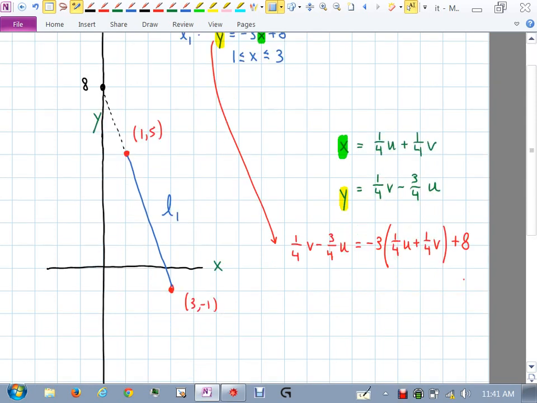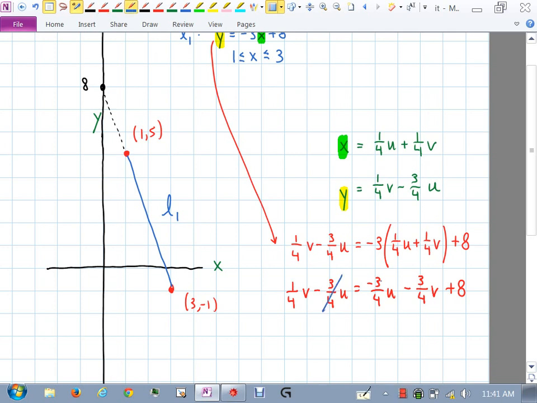Okay, so now at this point, things get pretty nice. Things start to cancel, I believe. Distributing my -3 through, what goes away here?